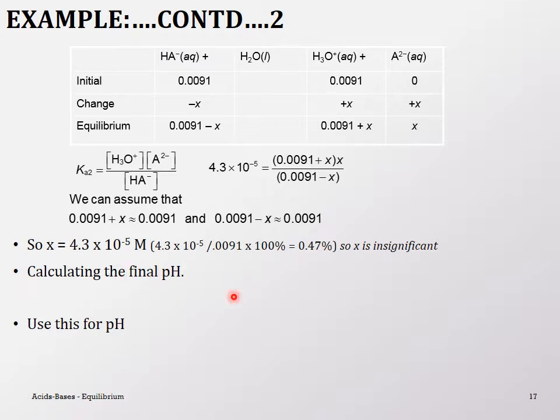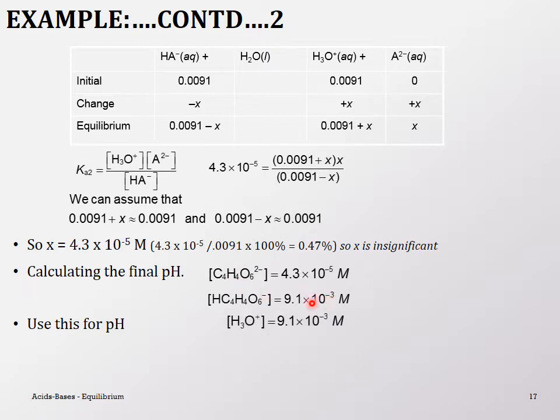So then you calculate the final pH, and these are your concentrations for all the three ions in there. This is the tartrate ion, which is 4.3 times 10 to the negative 5, what you calculated here. The concentration of the monotartrate one, which had only one ionization going on, is 0.0091.